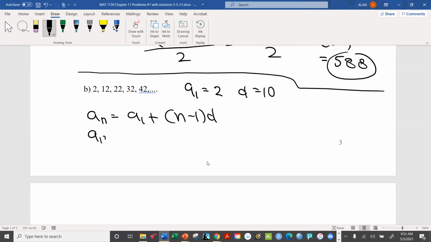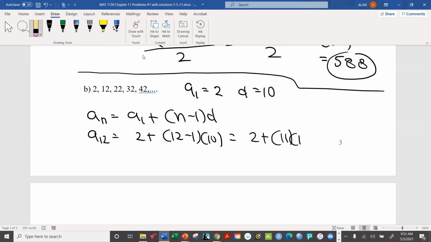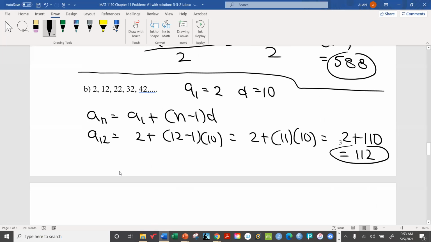So A12 in this case would be 2 plus 12 minus 1 times 10, which is 112. That is the 12th term.